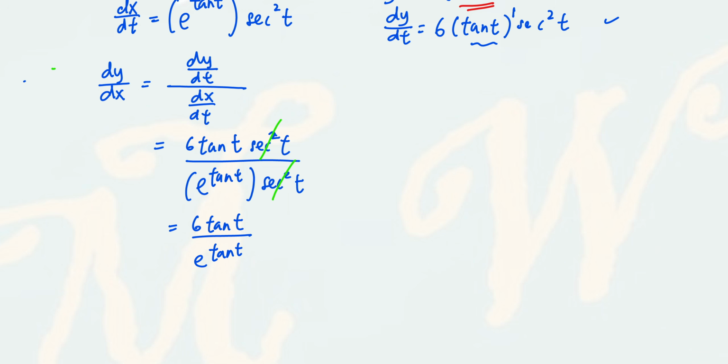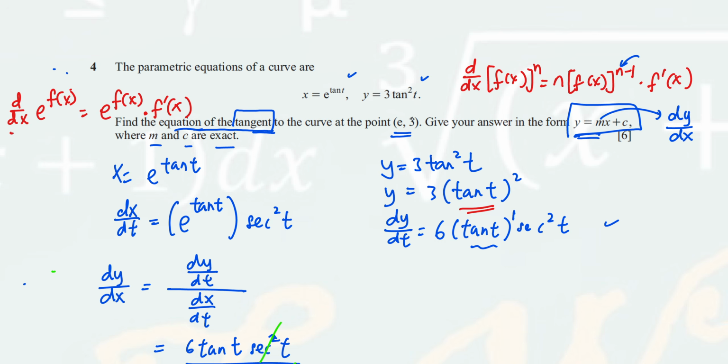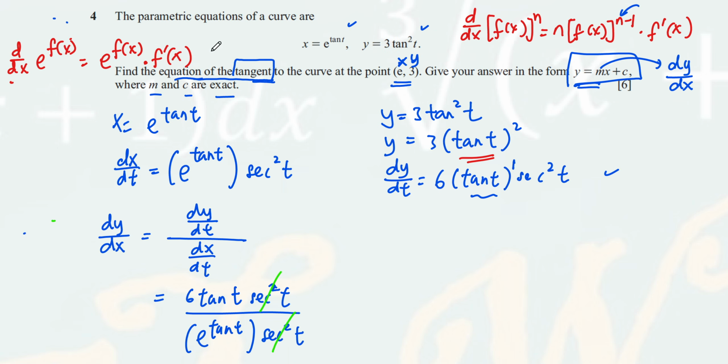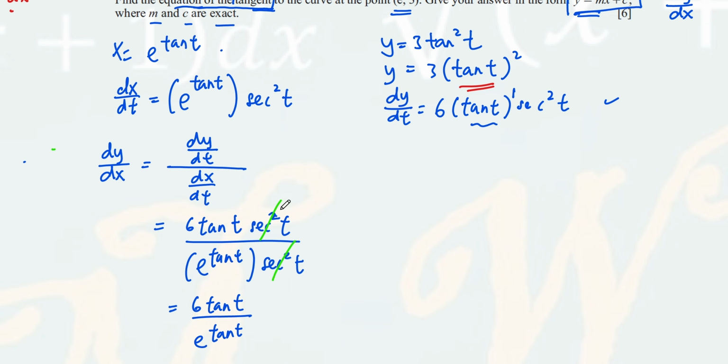But then the question is asking for the straight line equation. That means now we need to find the value. The point given is e and 3, but remember these are x and y. Now we need to get the tangent t, so you can substitute into x or y to get the tangent t value.